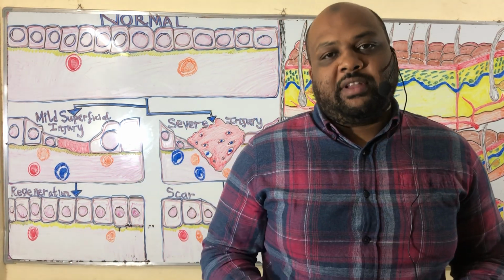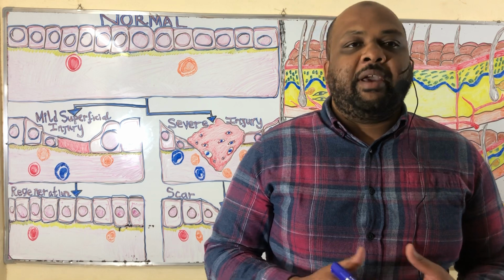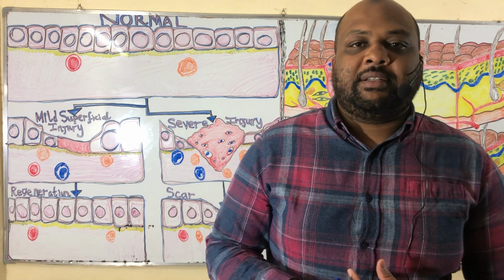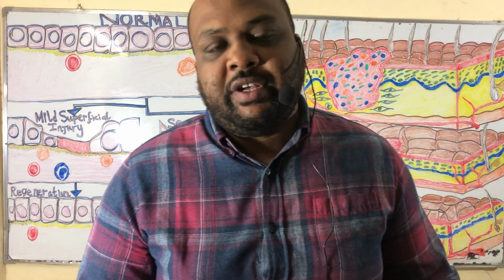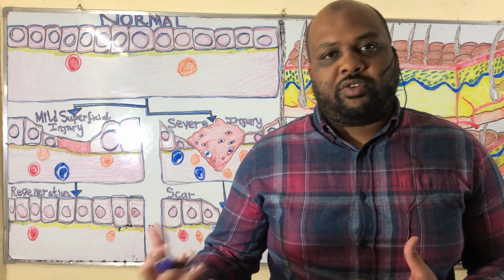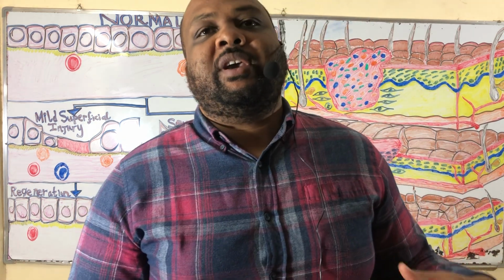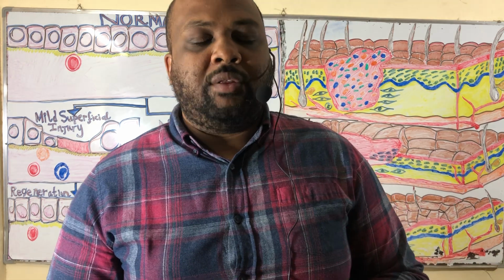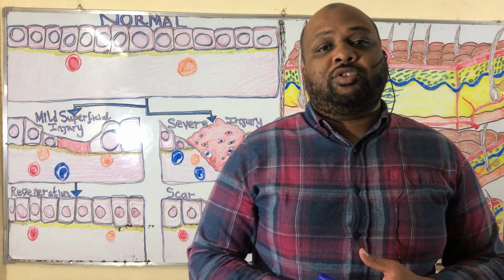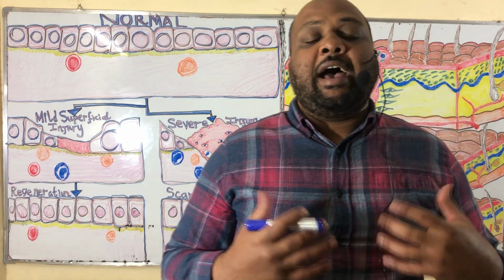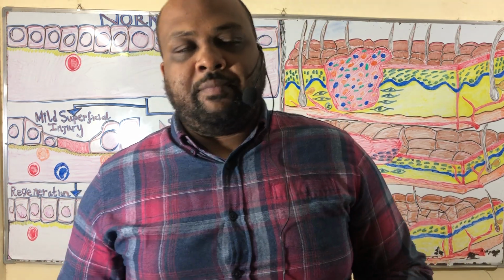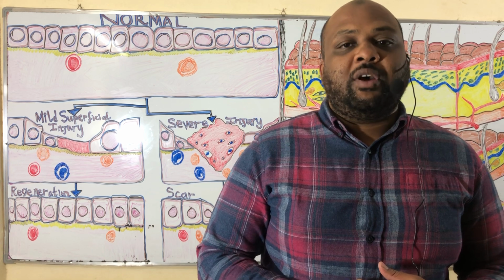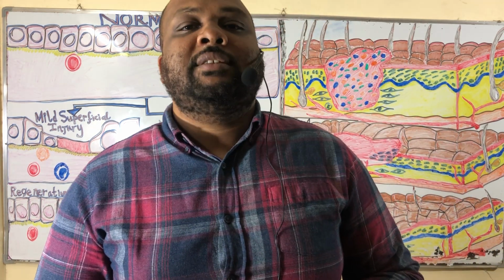And we have two kinds of damage based on whether the cell can reverse that damage. We have reversible injury and we have irreversible injury. With reversible injury, we still have hope of returning back to normal tissue, normal health. But irreversible injury means the cell is damaged beyond salvage, and when the cell is injured irreversibly, we will have cell death.